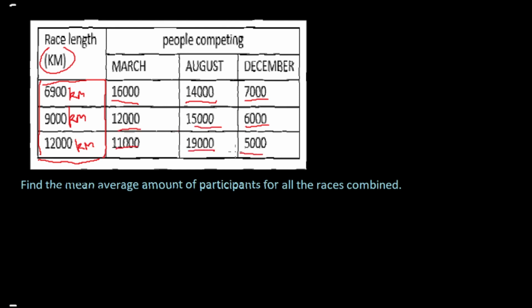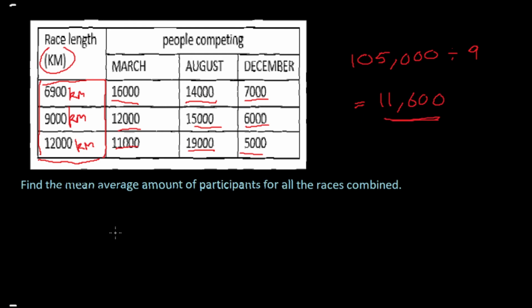Not all of the numbers. If you add all of those together, you get this number. And then you can see there's 9 races altogether, so you divide by 9. And that equals 11,600. So then this is your average.